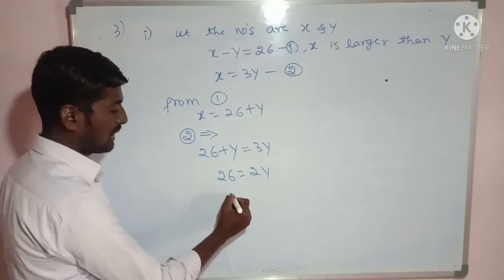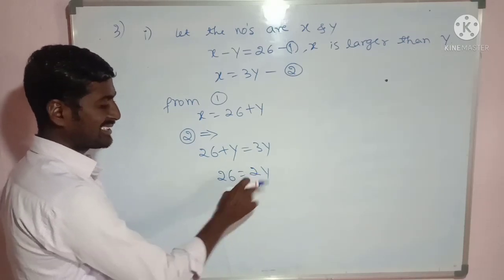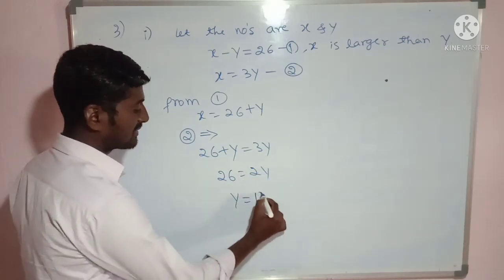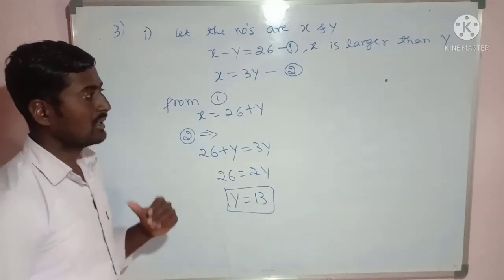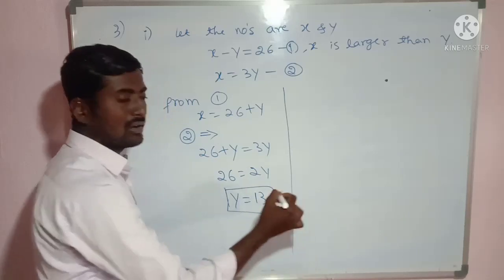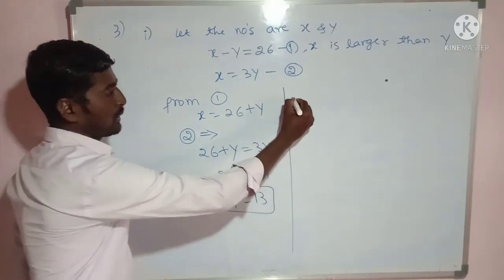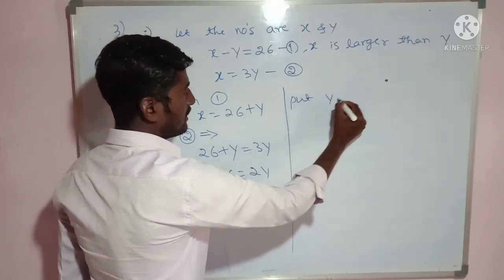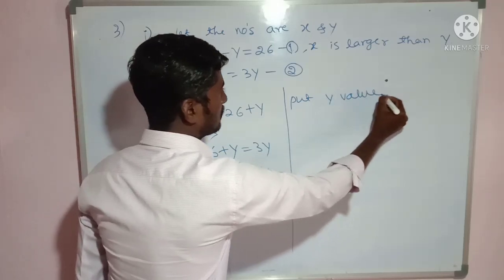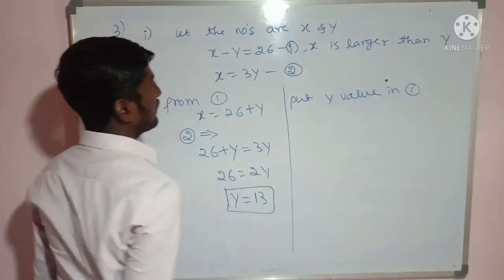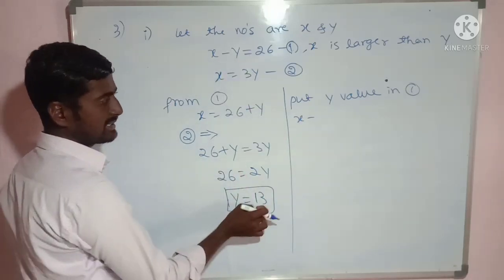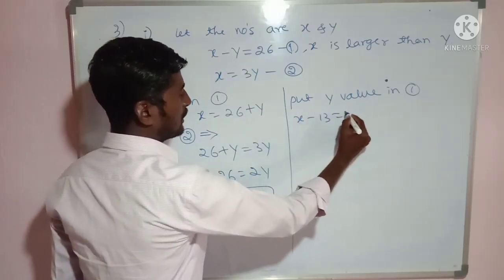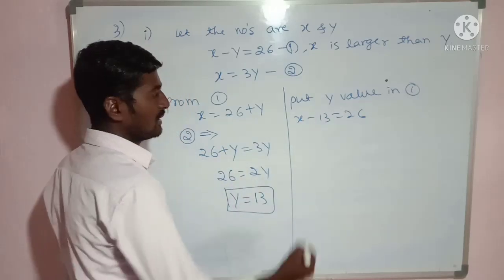But I want the value of y. That is 26 divided by 2. That is 13. Okay. So y value we got as 13. Now one more, we have to find the value of x. Put y value in equation number 1 or 2. Now in equation number 1, x minus y, y is nothing but how much? 13, is equal to 26.